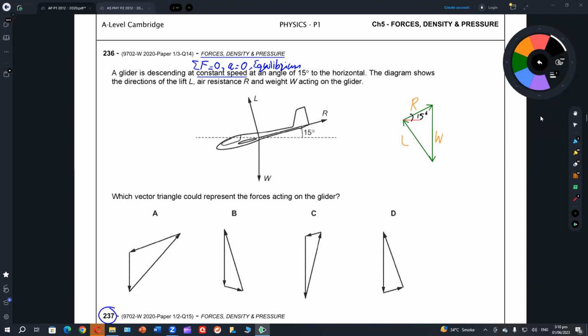I have made this diagram, but it is not matching with any option. So we can say head to tail triangle rule. All forces should be head to tail. Option A is not matching.